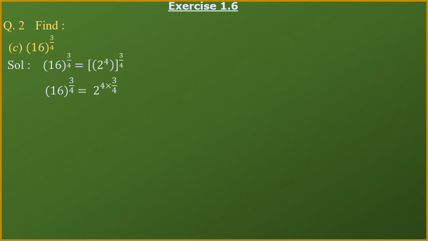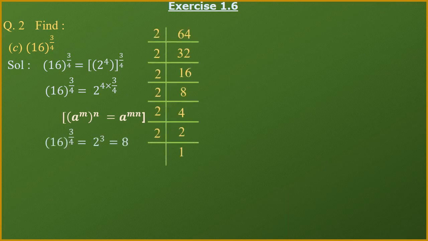So I can say that 2 will come 4 times over there, and now it contains two powers, 4 and 3 by 4, and if I multiply both the powers, 4 and 4 will be cancelled. The same formula I am using again and again. So it will be 2 to the power 3, which is 8.